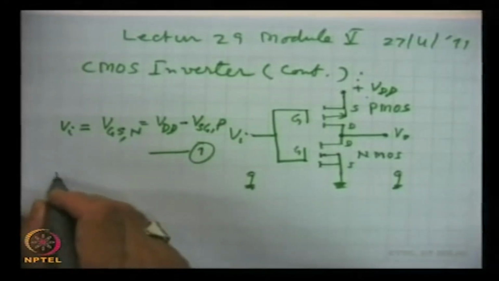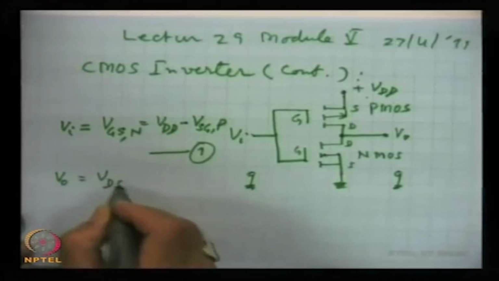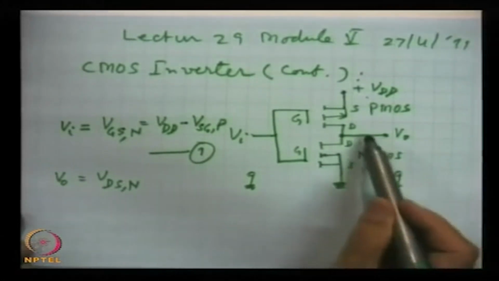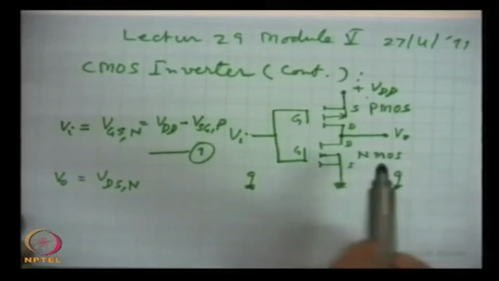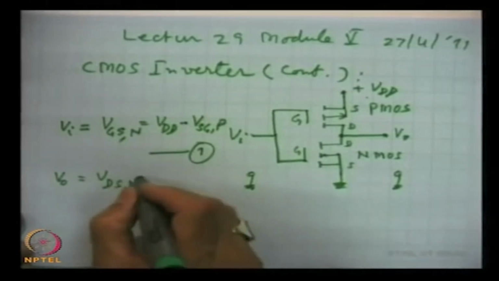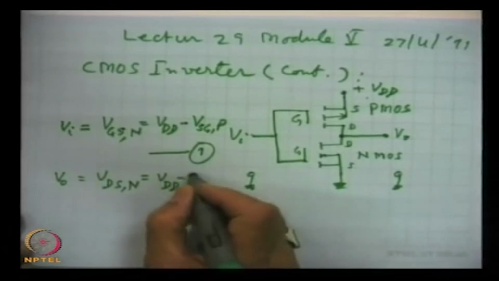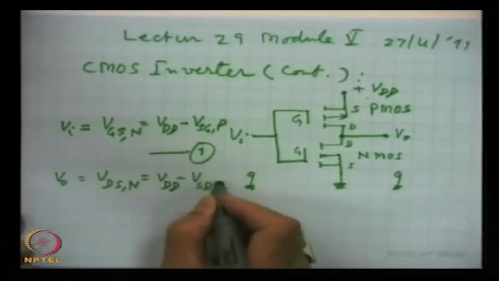Similarly we can write for V out: this is VDSN, D for drain and S for source, N for NMOS, and it is equal to VDD minus VSDP.